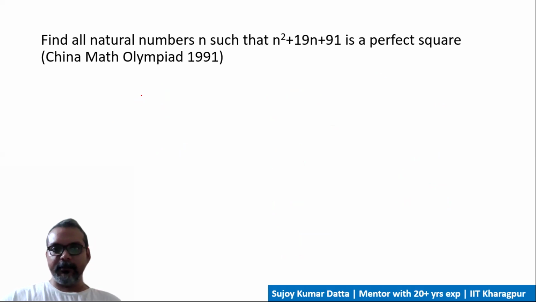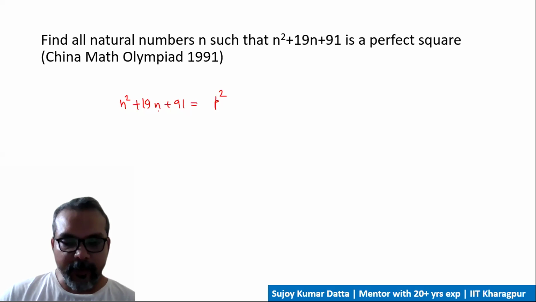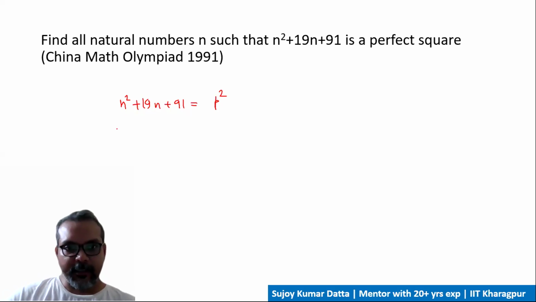Next, we have n squared plus 19n plus 91 to be a perfect square. So let's call that p squared. Let us solve for n. Now, if you try to complete the square on the left side, it will be n squared plus 2 times n times 19 over 2.